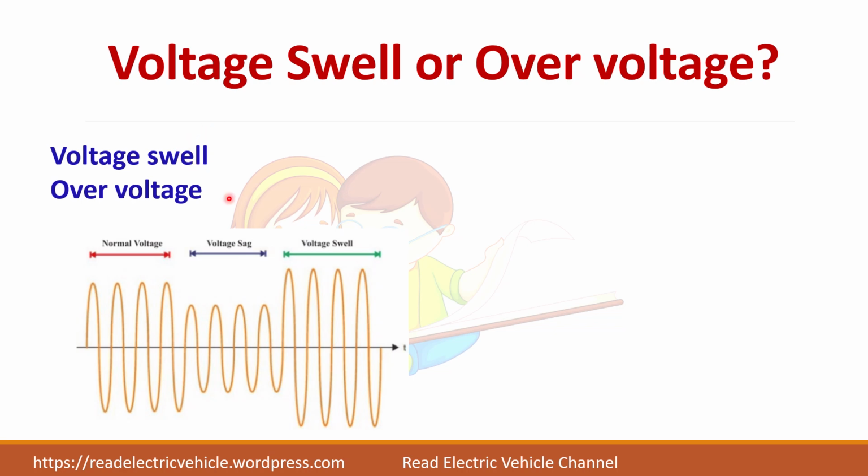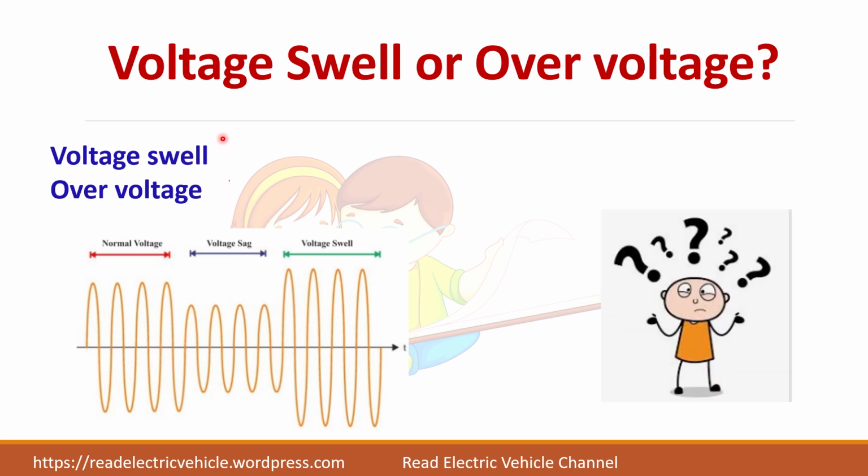So are voltage swell and over voltage the same? No. Actually voltage sag and swell are common terms used. Voltage sag represents the decrease in voltage and voltage swell represents an increase in voltage. Now what is the difference between voltage swell and over voltage? Both represent an increase in RMS voltage.